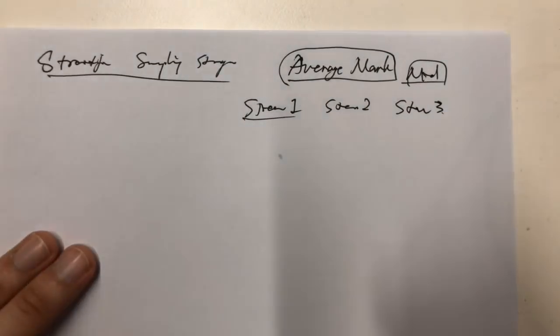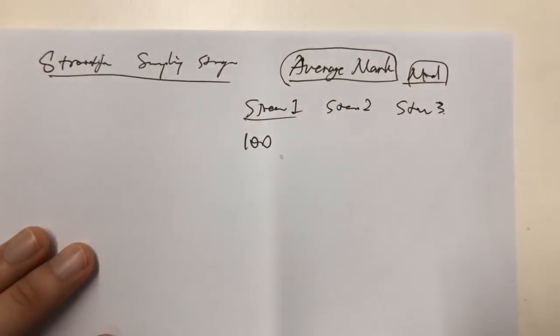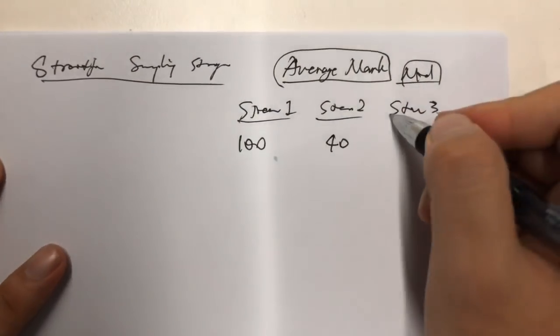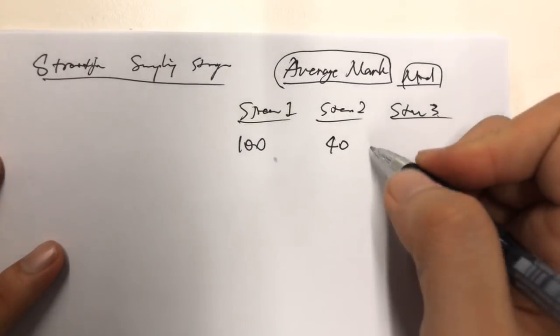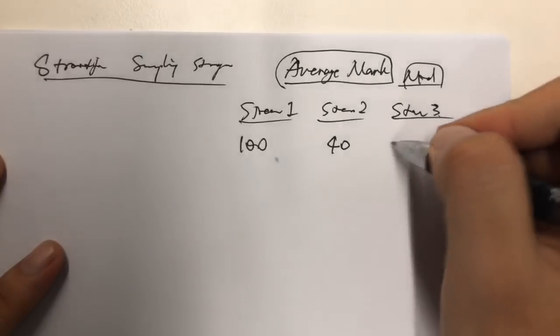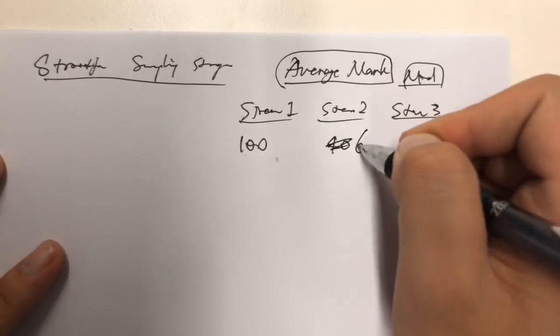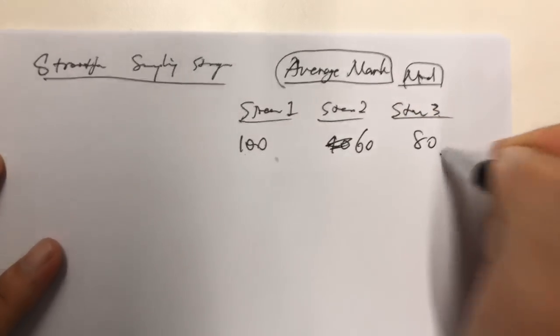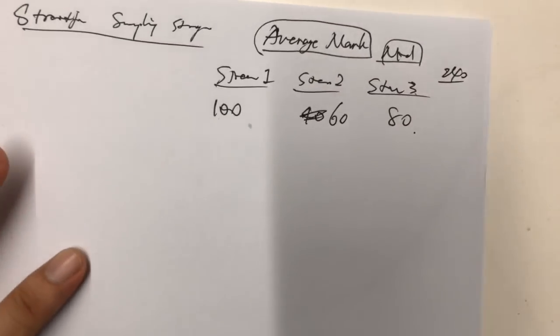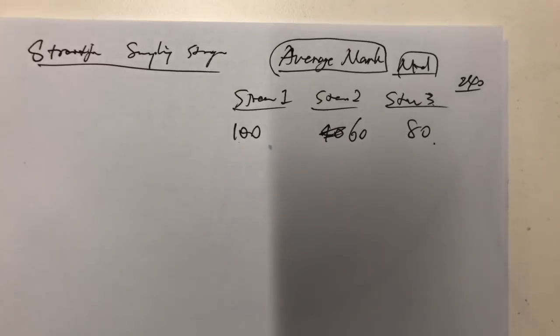Stream 1 has 100 students, stream 2 has 60 students, and stream 3 can have 80 students, because we have exactly 240 students in total as a population.